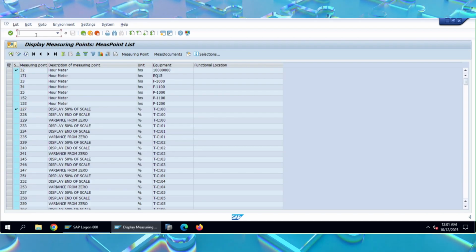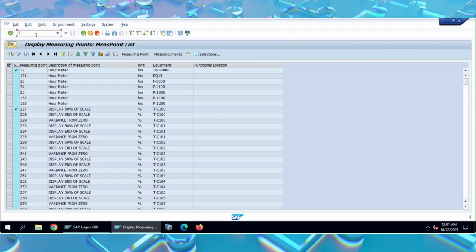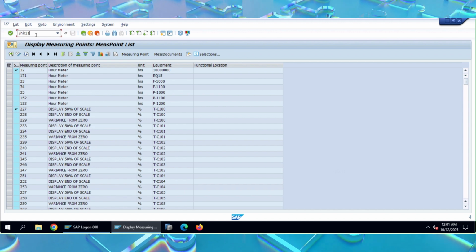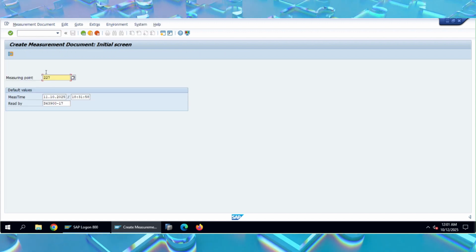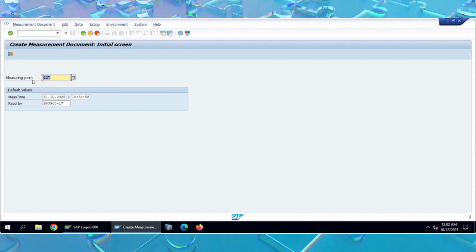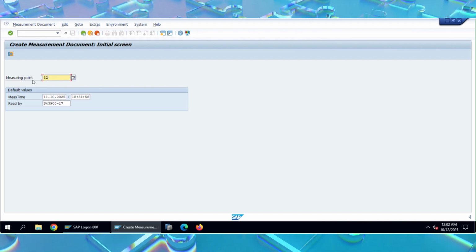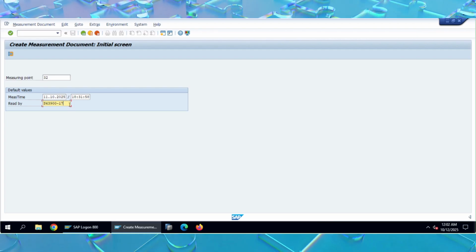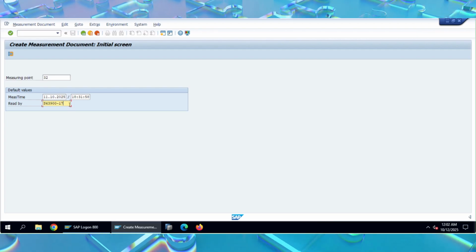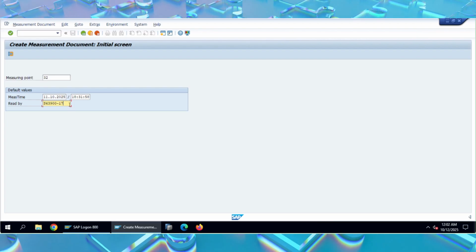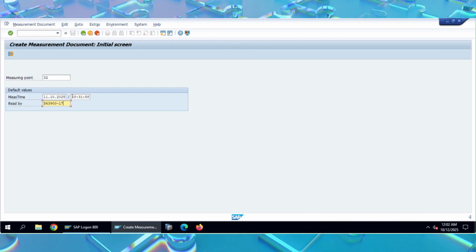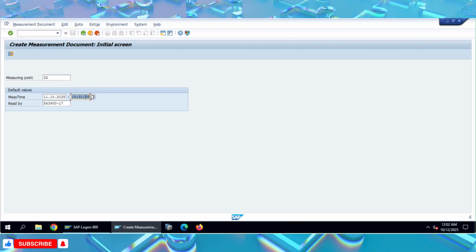If I want to post a measurement document, I will create a measurement document via the T-code IK11. Here you can put the measuring point for which you want to take the reading, and the system will automatically take your username, the one you have logged into the system with, and the date and time will be defaulted to the current date and time.